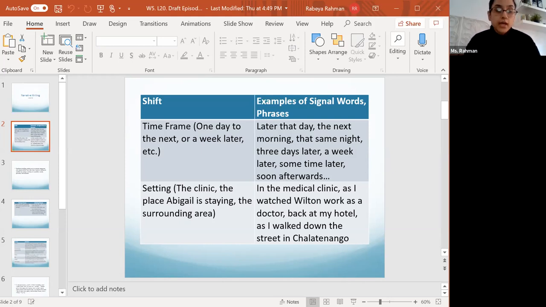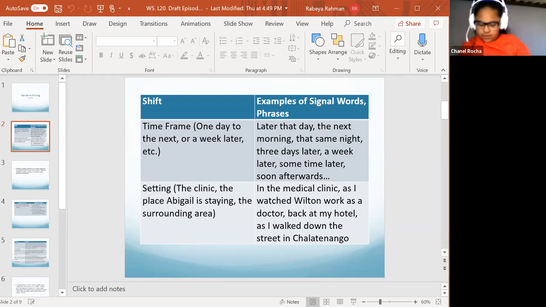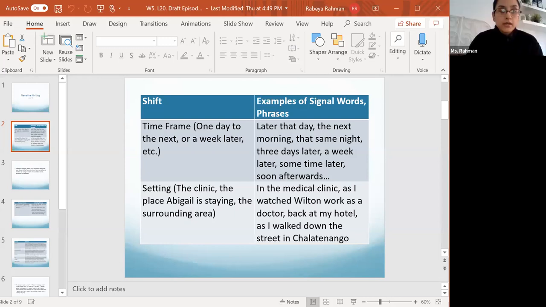All right, so Chanel, I'm gonna ask you to share an example of any shifts that you've had for your time frame or setting, just so we can have an example of how that could be incorporated into our writing. An example I put was the following. I basically said the following 3 days, just to show that there was a shift from the time to 3 days later. Okay, excellent. And Vicky?